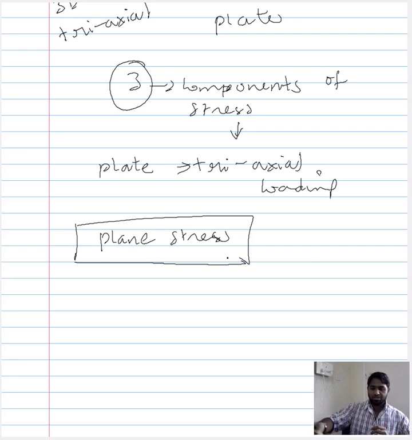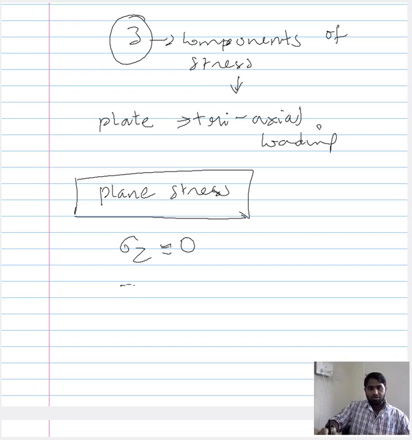So that means the shear stress along that particular direction is missing, meaning it is close to 0. And similarly, you can have xz, and similarly you can have yz. So these are the stresses along the z direction, and these are also 0.